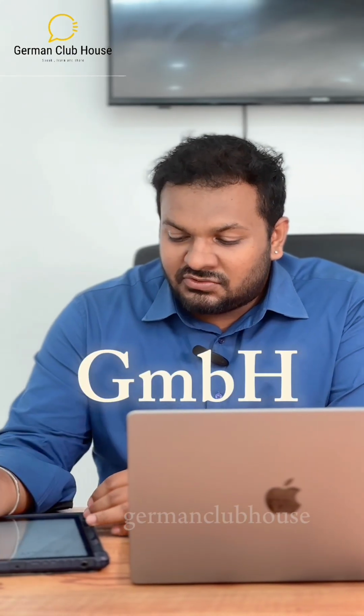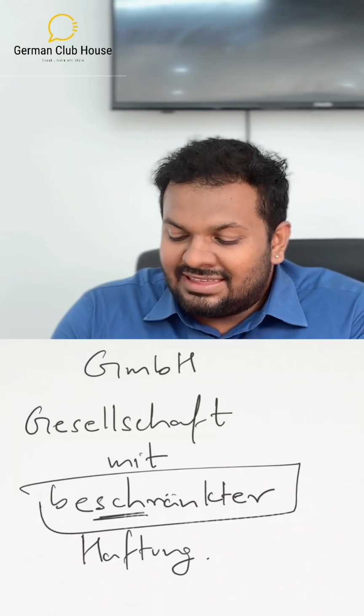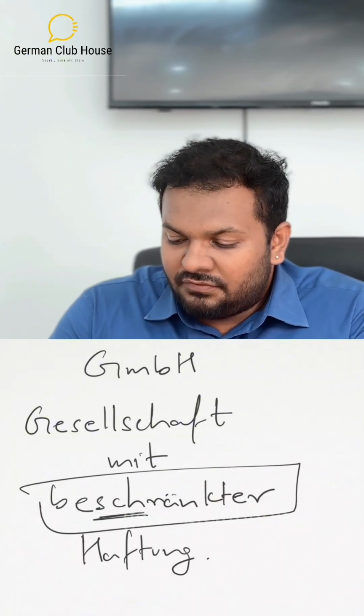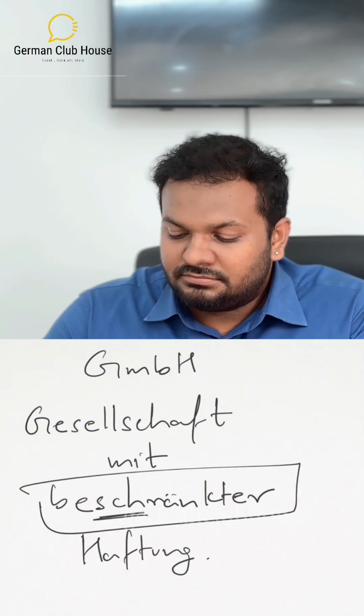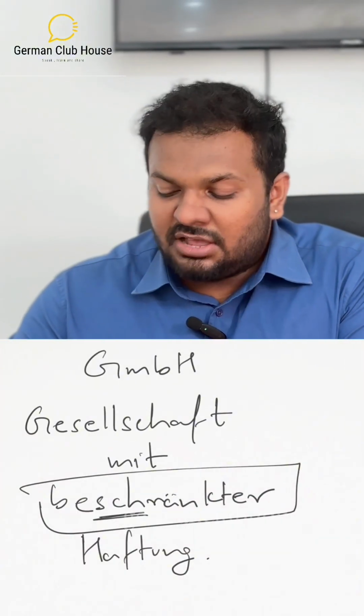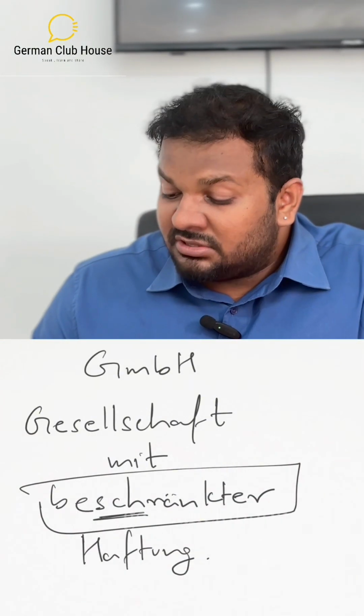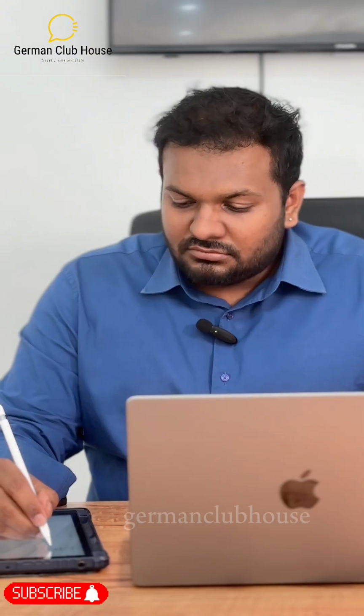Let us do one more. Have you seen these names? You know, GmbH. So G capital and H capital. That comes from a word called Gesellschaft mit beschränkter Haftung. That's what GmbH stands for. Now this is a company which is called Luftfahrzeug, Luft means air, Luftfahrzeug is actually aircraft.